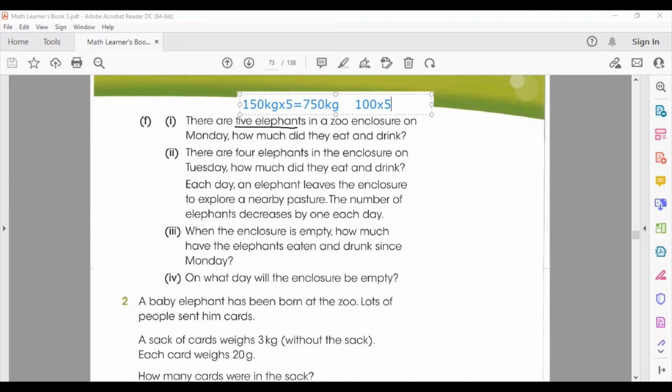Because one elephant can drink 100 liters in one day. So 100 multiplied by 5, because there are 5 elephants, 500 liters. So 5 elephants can drink 500 liters of water in one day, on Monday.